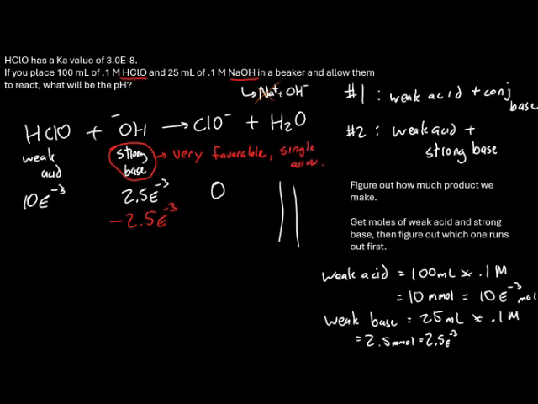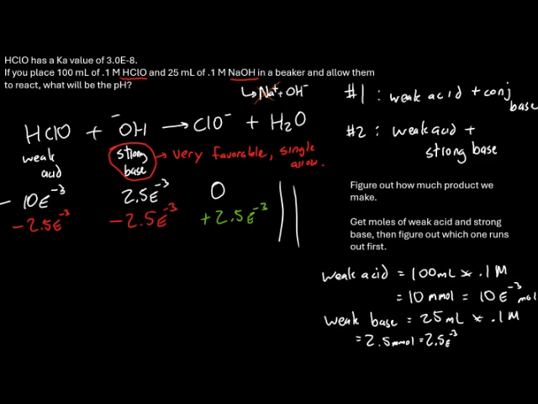Because this reaction is favorable, we will assume that we will lose all of the strong base and lose exactly the same amount of the weak acid. Notice that we don't lose all of the weak acid, we only lose as much as we had of the strong base. This also means we'll gain some ClO-.